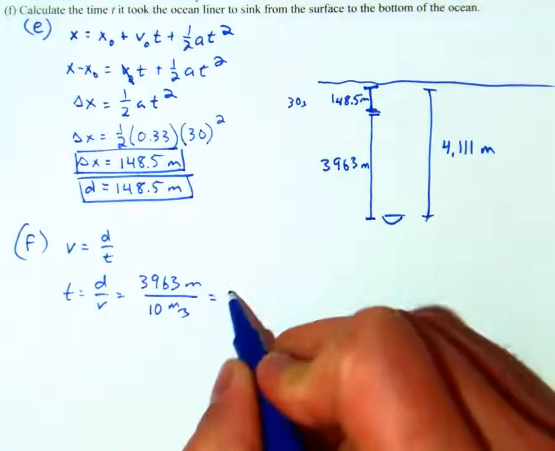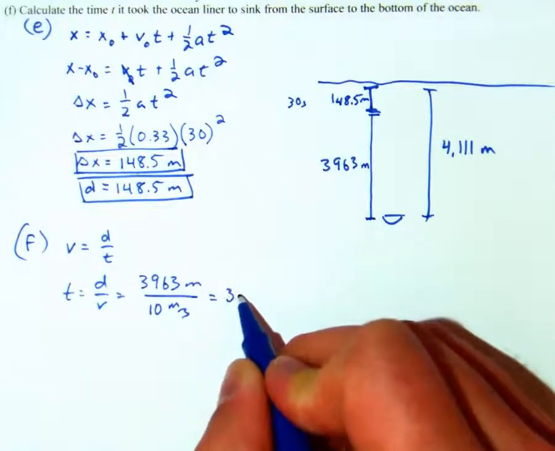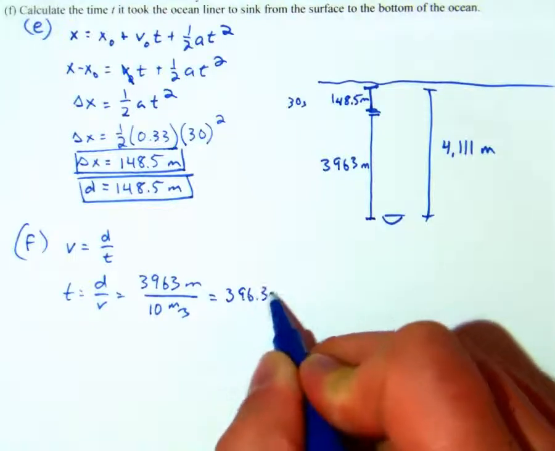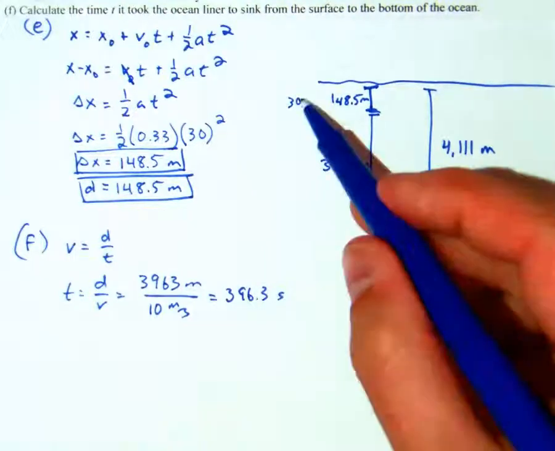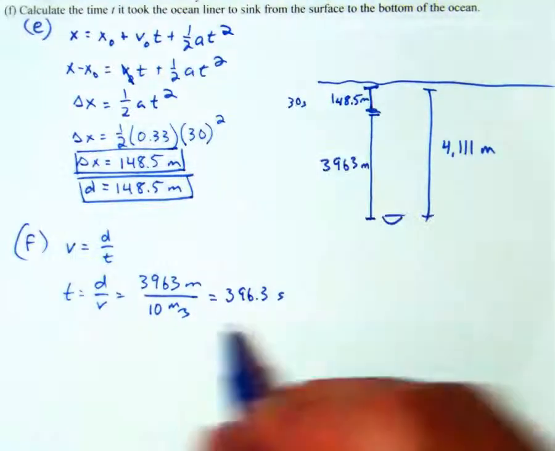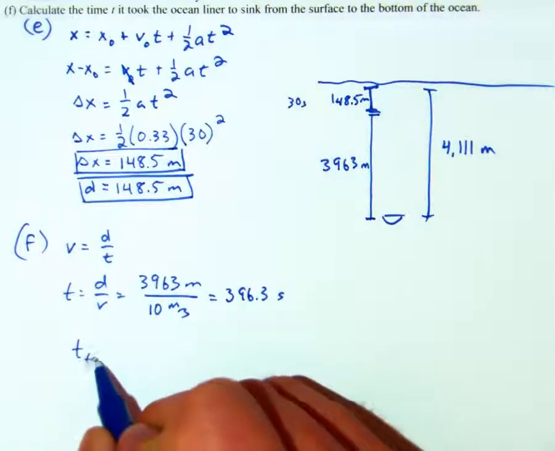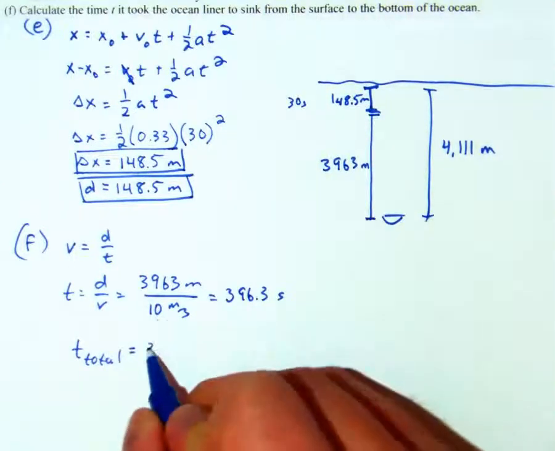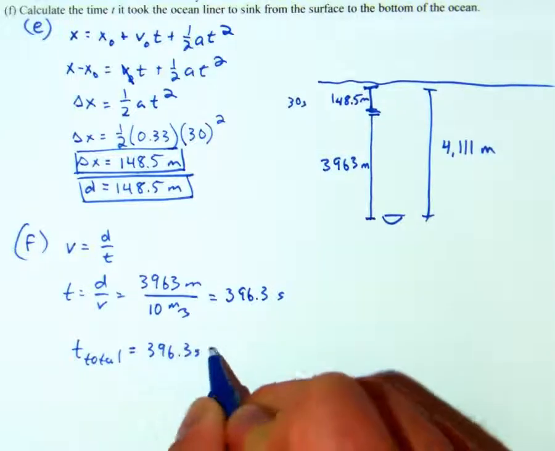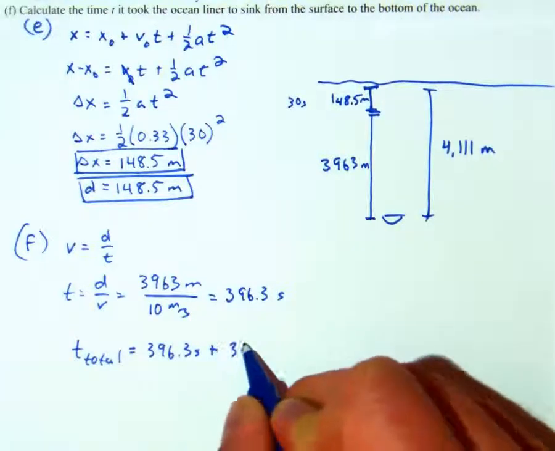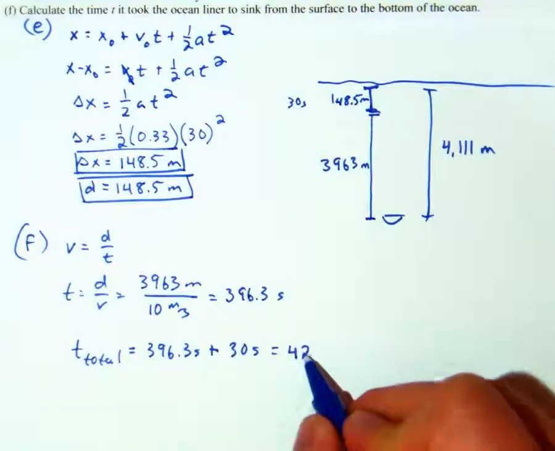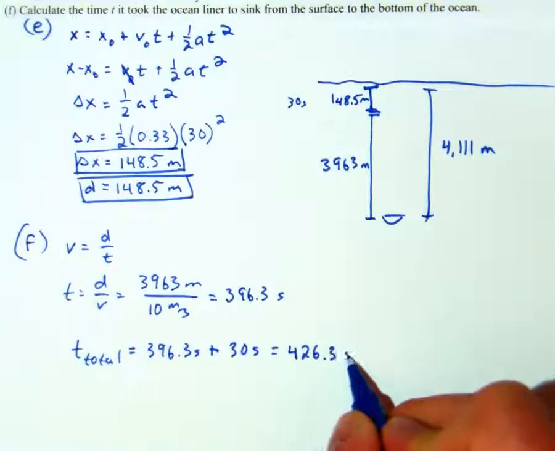Dimensions match up, and I'm going to get 396.3 seconds, to which you add the 30 seconds, so the total time is going to be 396.3 seconds plus 30 seconds, which equals 426.3 seconds.